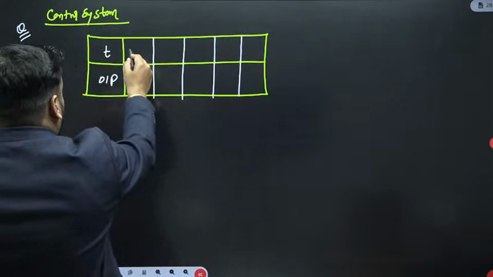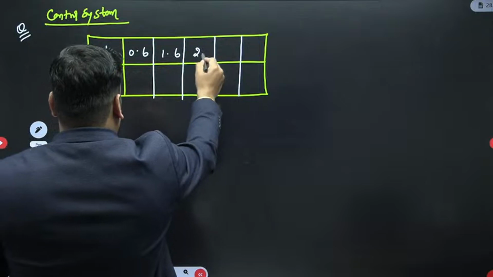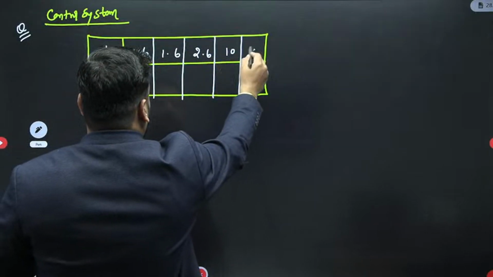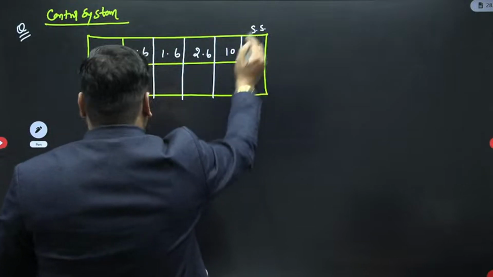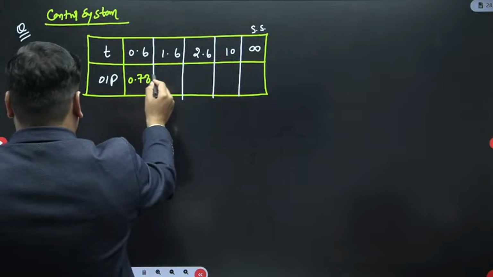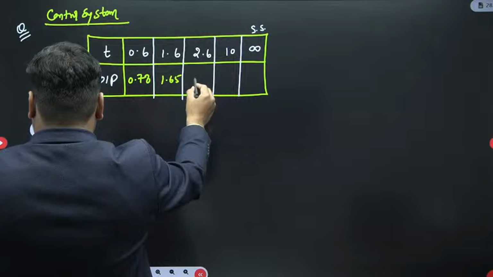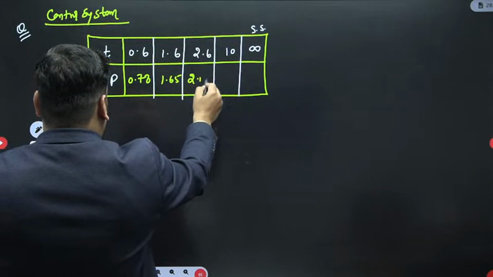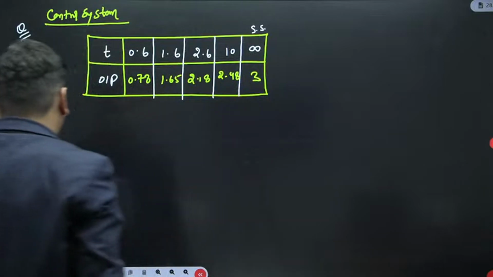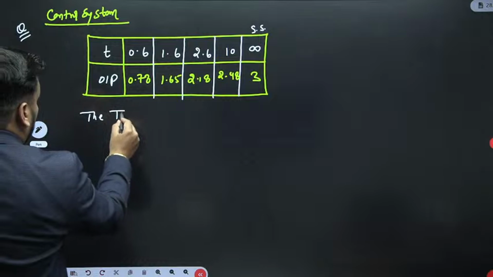Please confirm the data, those who attempted the GATE exam: t values 0.6, 1.6, 2.6, and 10, and this is the steady state value, that is infinity. The c(t) values are 0.78, 1.65, 2.18, 2.98, and here the value is 3. So the examiner is asking for the time constant.